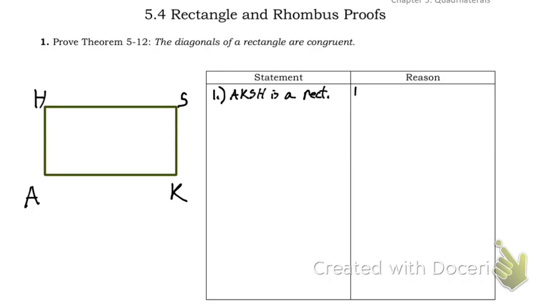And do you know what else is given to us? I'm not going to apply it because you're just going to apply it as needed. The reason is given. But what else is given? Don't write this. What else is given is any fact that goes along with a rectangle that doesn't require the diagonals being congruent.